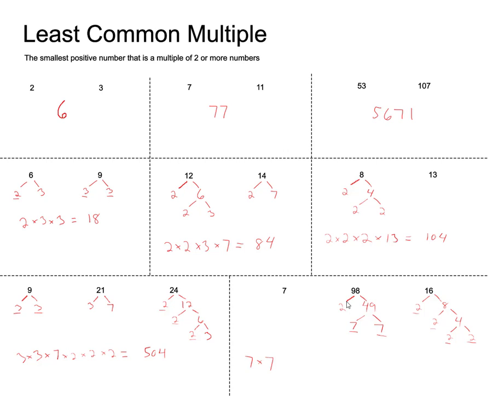So we're actually going to drop down 2 4 times. So when we multiply all of that together, we get 784. And that's going to be our least common multiple among 7, 98, and 16.